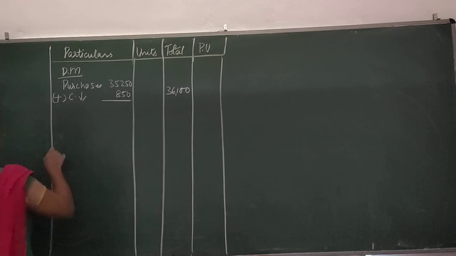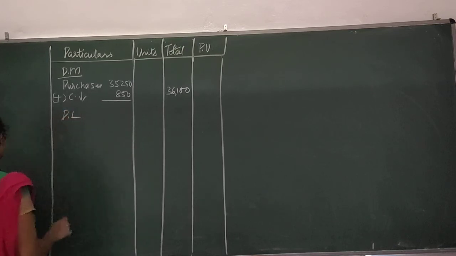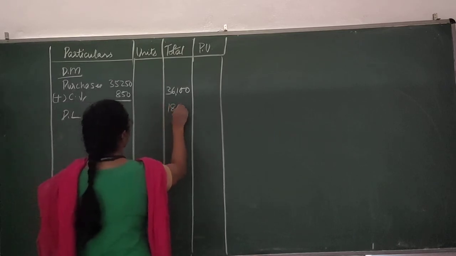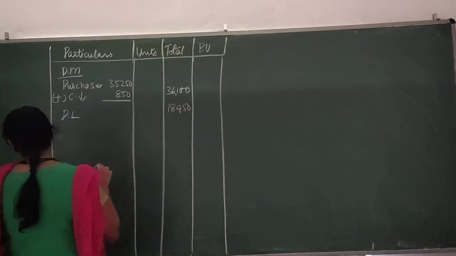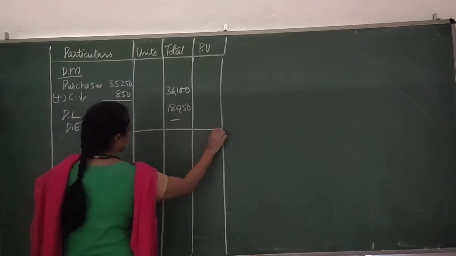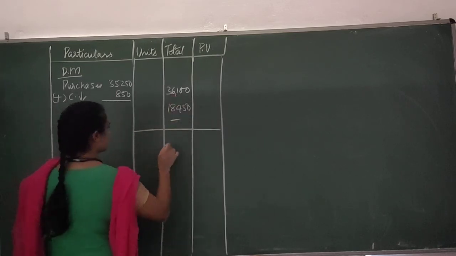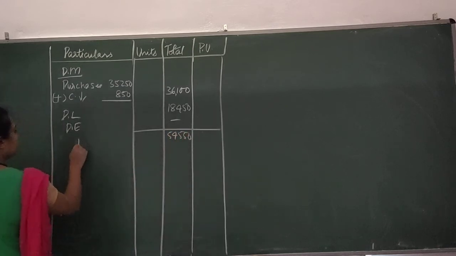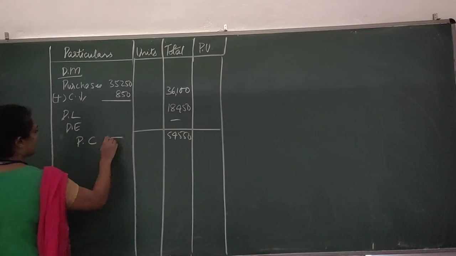What is the next thing? Direct labor. In this problem they have given you directly, which is 18,450. In this problem there are no such direct expenses, where you will just write nil and you will take the total, which is 54,550, which is called as prime cost.